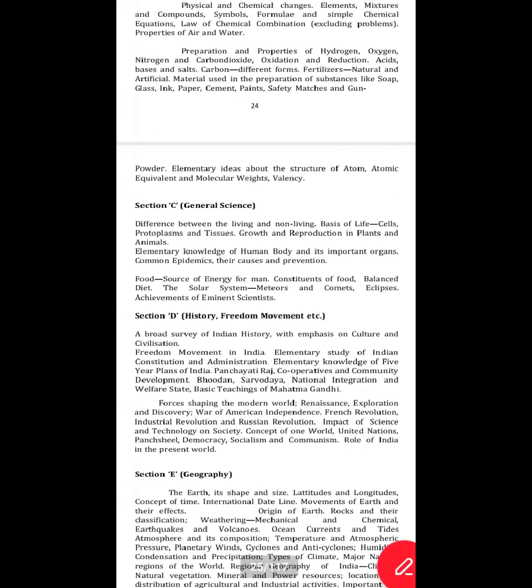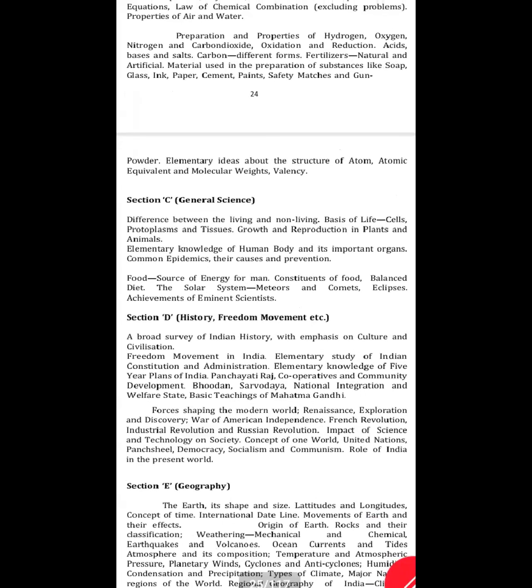So as you can see, in section C of the syllabus, we can see general science. All the questions that are asked in this section are more or less on biology.